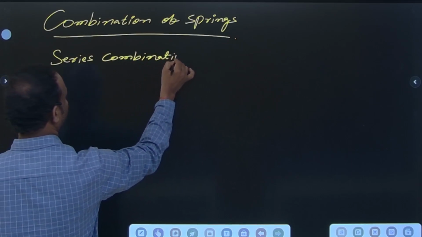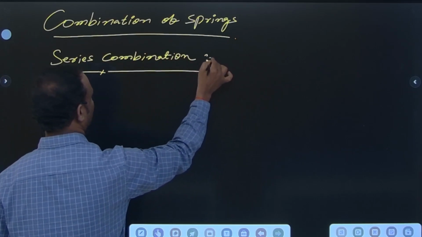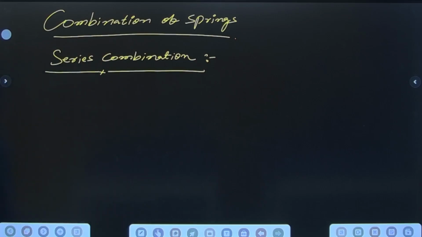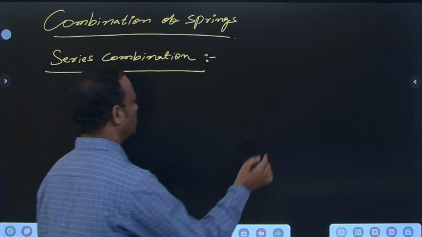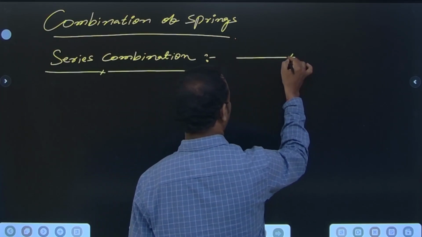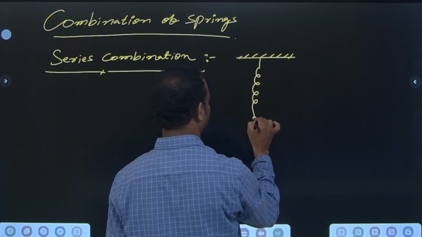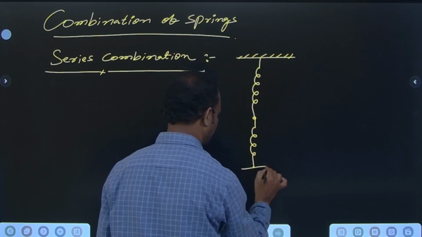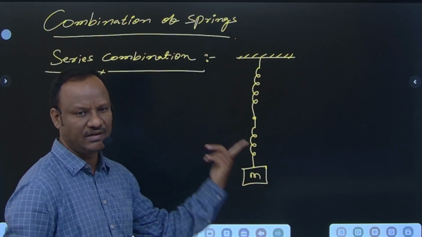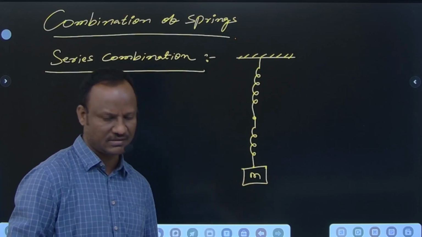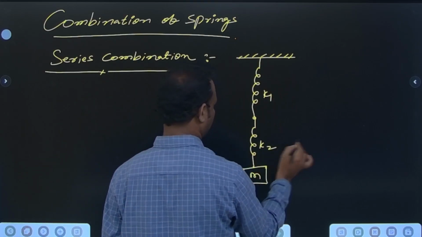Only one thing we need to remember in the series and parallel combination of the springs. In my series combination, one possibility is two springs, one spring like this, the next spring like this, connected to the mass, whose mass is M. Different materials, different spring constants, so let the spring constants be K1 and K2.